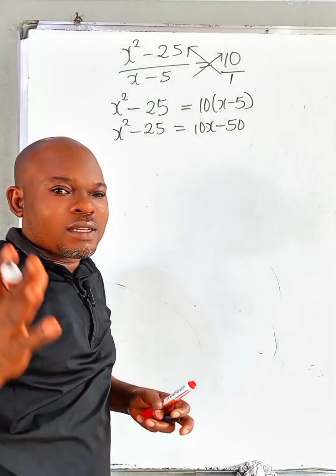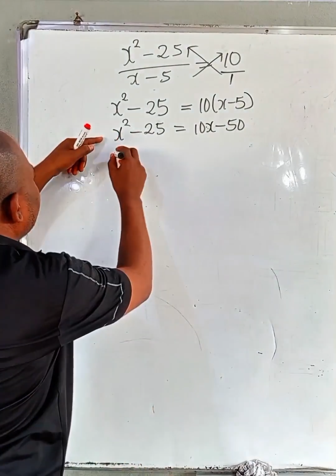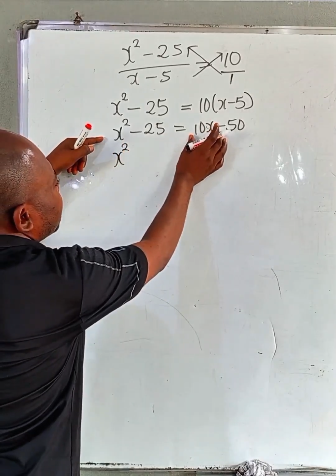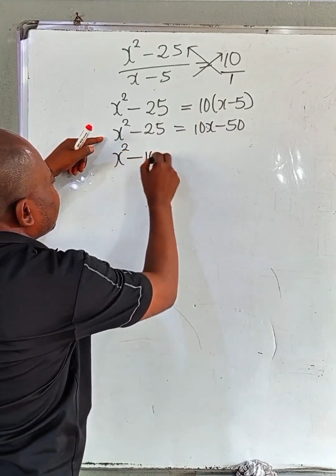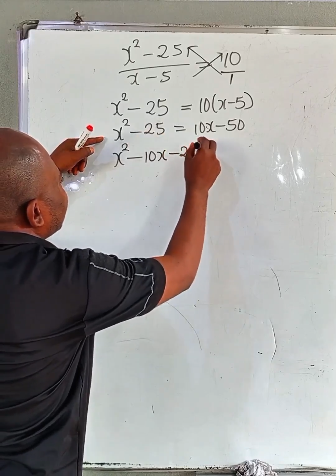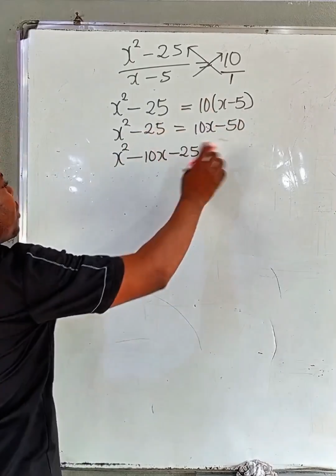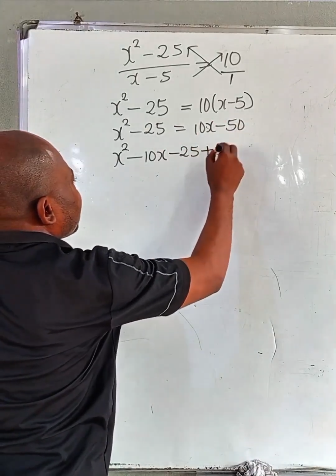At this point, we can collect like terms. So we have our x squared. When positive 10x crosses the equals sign, it changes to negative 10x, and the 25 is minus 25. This negative 50 also comes across and becomes plus 50.